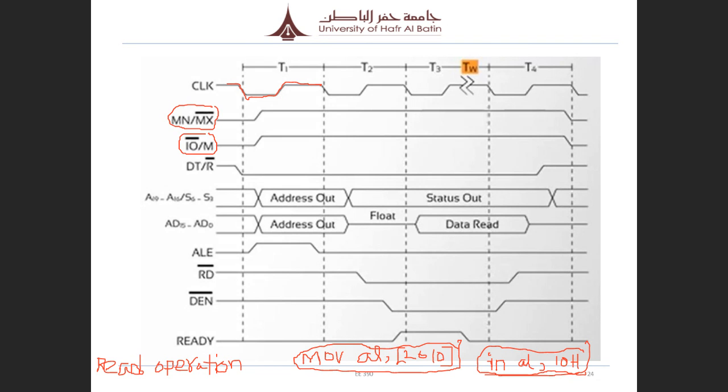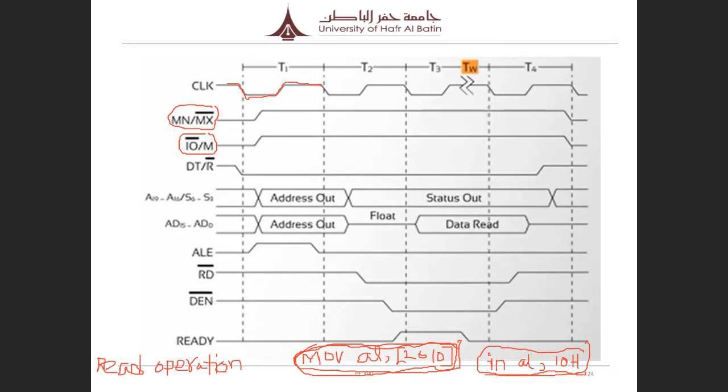So look at here. If, for example, it is a memory read operation, first one, MOV AL, [2010]. That means if it is memory related operation, it becomes 1 throughout the time. But if it is input output related operation like IN AL, 10, it becomes low.